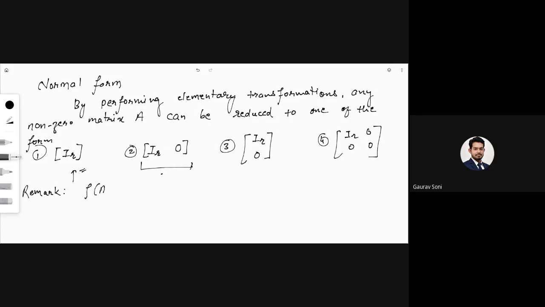So a quick remark over here. Rank of A is equal to r. What is the significance of r here? r stands for this I_r. Whichever normal form you get, you can see that there is this I_r, identity matrix of order r. So whatever order of identity matrix you get in that normal form, that will be your rank. So let me write it down: r is equal to the order of the identity matrix.